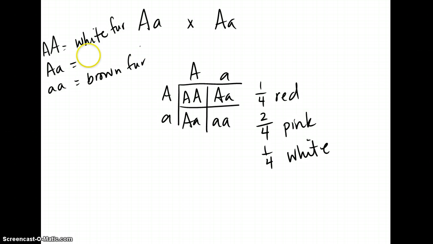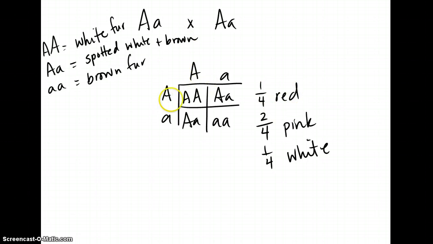And for this, if they are big A, little a, they are spotted white and brown. So if you have a cat that has in every one of its cells the big A genotype, it has white fur. If it has little a, then it has brown fur. But if it is heterozygous, it actually is spotted, so it's showing white and brown fur.